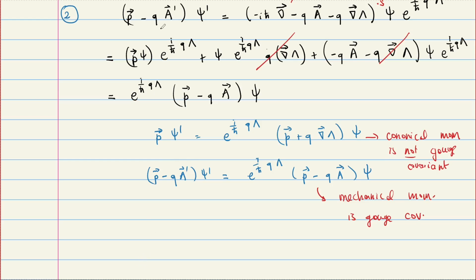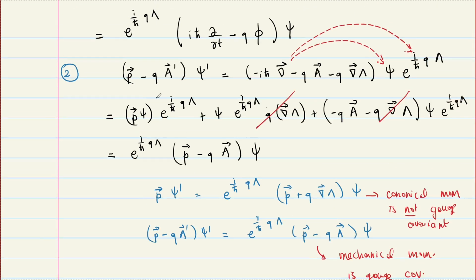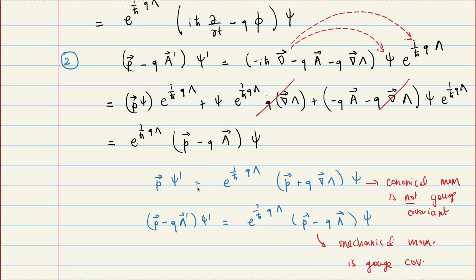Now let's consider applying a second power, but before that we can see the pattern, right? If this p minus q a prime is acting on something like psi times e to the i phase, it jumps over e to the i phase and produces this form and it becomes psi, right? Now I want to do the same thing one more time.